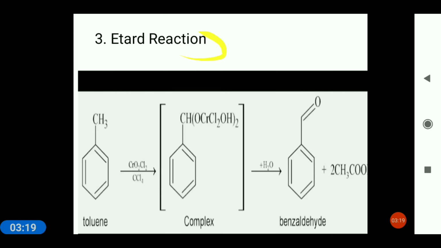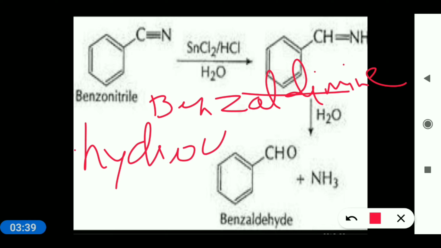In the Stephen reduction, aromatic compounds can also be synthesized. Benzonitrile, when it reacts with the Stephen reagent, is reduced by the nascent hydrogen liberated by SnCl2, and then benzyl diimine hydrochloride is formed.